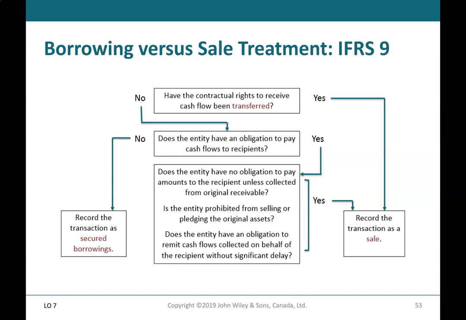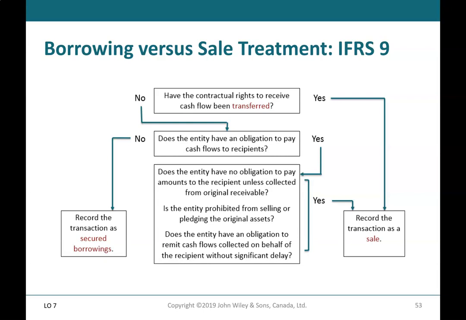Borrowing versus sale treatment, IFRS 9. Have the contractual rights to receive cash flow been transferred? No. Does the entity have an obligation to pay cash flow receipts? No. Then you record the transaction as secured borrowings. If yes, does the entity have no obligation to pay amounts to the recipient unless collected from the original receivables?